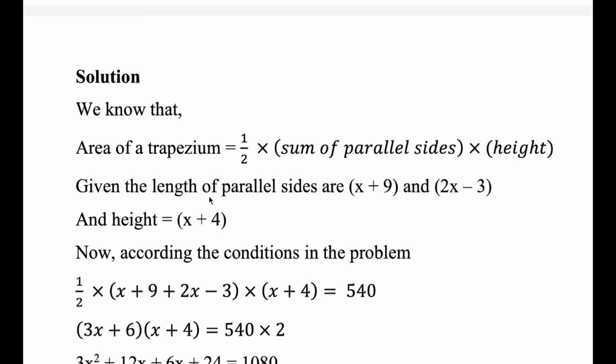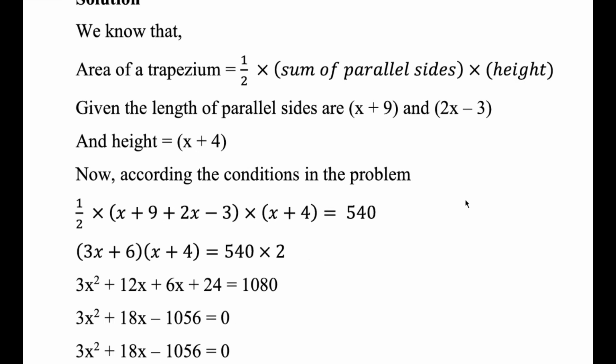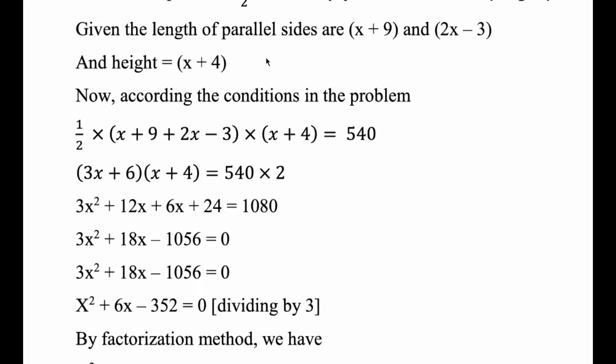So given the length of the parallel sides are x plus 9 and 2x minus 3 and height x plus 4. So as per the given condition, we can write 1 by 2 into x plus 9 plus 2x minus 3 into x plus 4 is equal to 540. After that nothing, a little bit simplification.